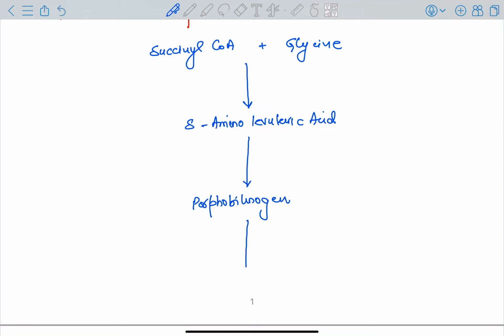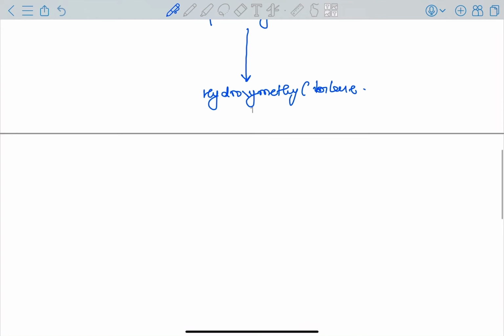Porphobilinogen then gets converted to hydroxymethylbilane, which cyclizes to form uroporphyrinogen.